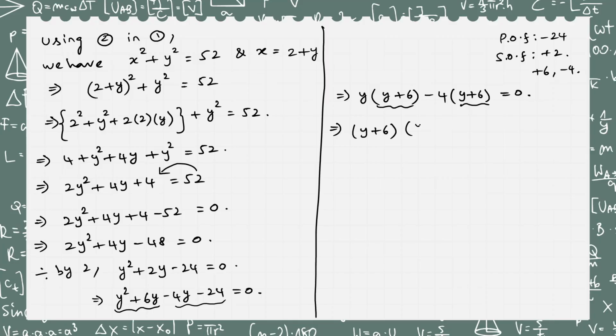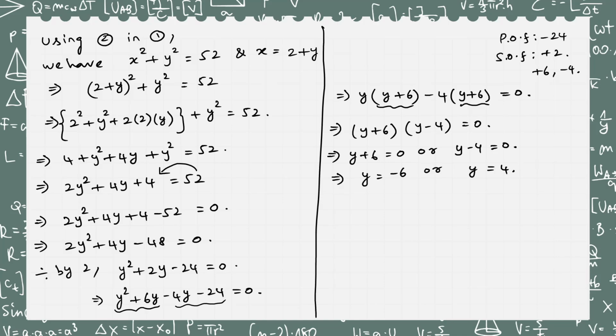So combining the remaining things in another bracket, we get y minus 4. The product of two items is equal to 0 means any one of them is equal to 0. That implies either y plus 6 is 0 or y minus 4 is 0. y plus 6 equal to 0 is possible when y equal to minus 6, or y minus 4 equal to 0 means y equal to 4.